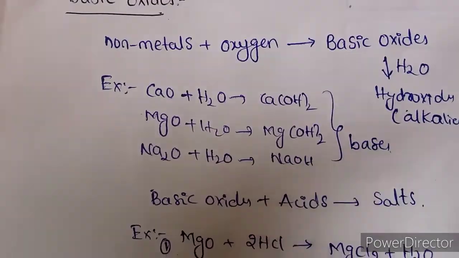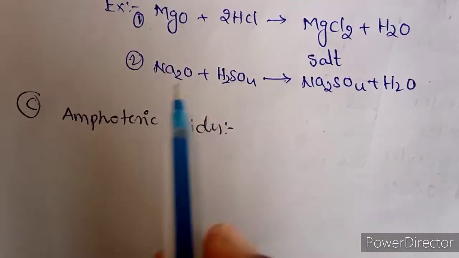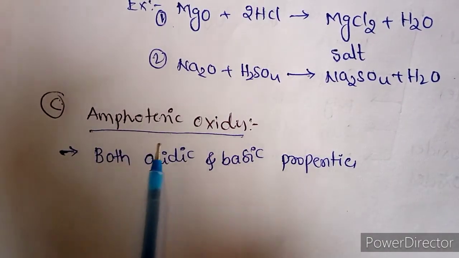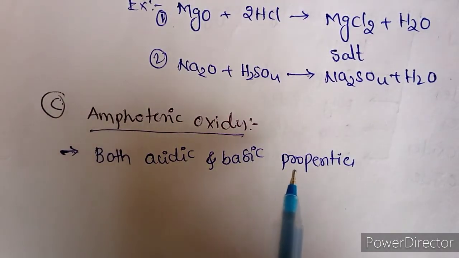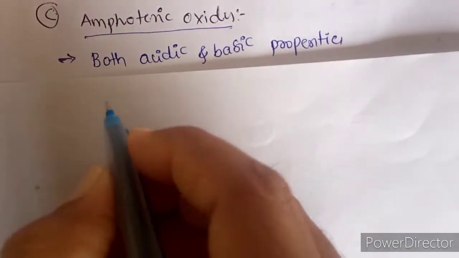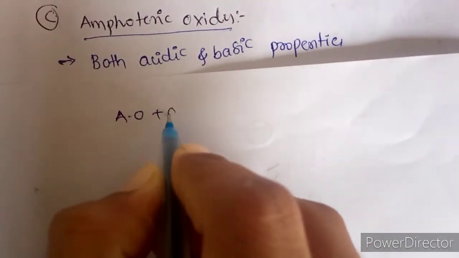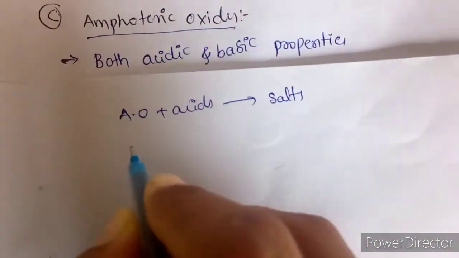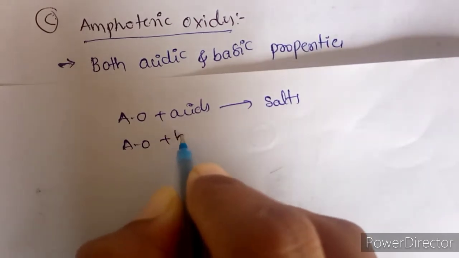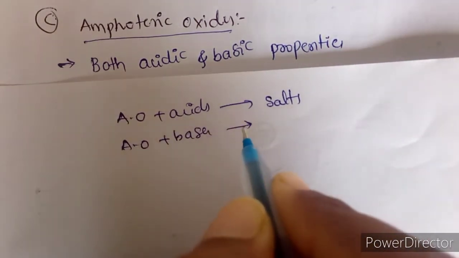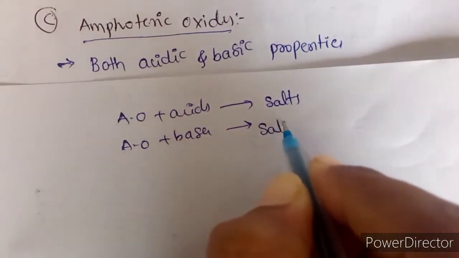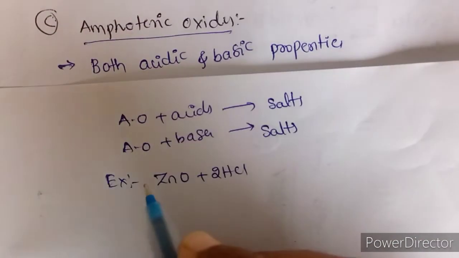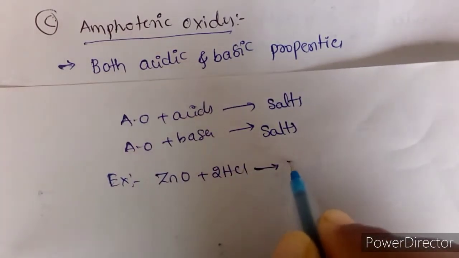Now we will move on to amphoteric oxides. Amphoteric means it shows both acidic and basic properties. In the reaction of amphoteric oxides with acids, first of all, if it produces salt, it acts as a base. And again, in the reaction of amphoteric oxides with bases, if it produces salts, that means it's showing acidic character.